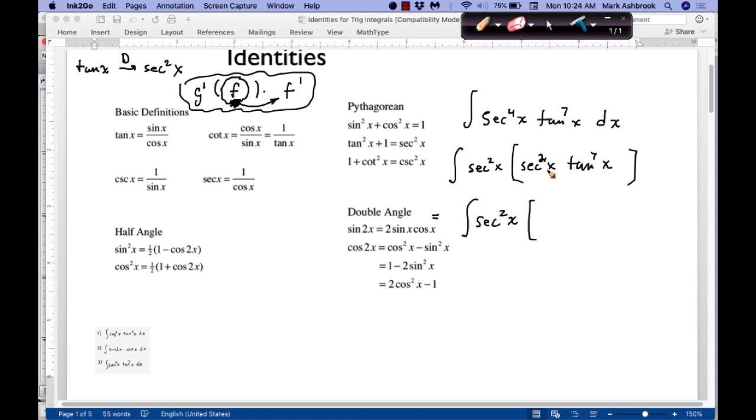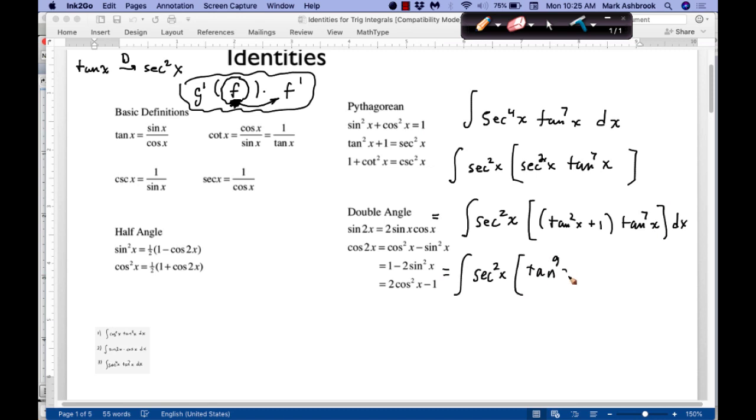How can I rewrite secant squared in terms of tangent? 1 plus tangent squared, Pythagorean identity, right here. Do you see that? So I can write tangent squared x plus 1 times tangent to the 7th. Did that help? Now I can distribute. I have the first term is tangent to the 9th.